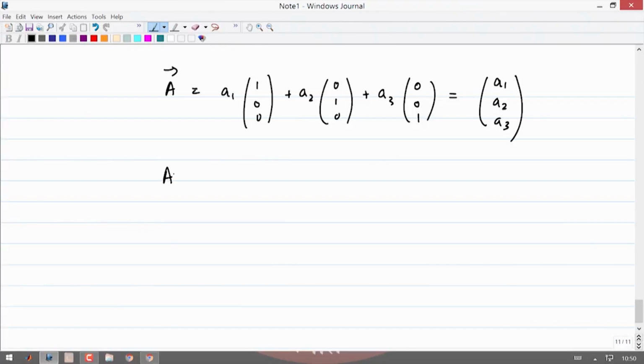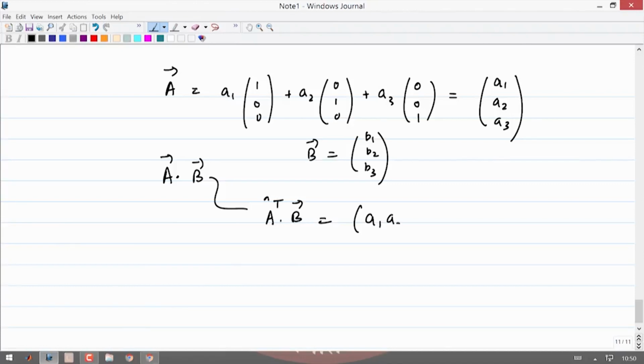Therefore the scalar product between two vectors A and B, if B is the column vector b1 b2 b3 with the three components of the vector B in these directions, is A transpose dotted with B. That gives you the row a1 a2 a3 multiplying the column b1 b2 b3, and the answer is a1 b1 plus a2 b2 plus a3 b3.